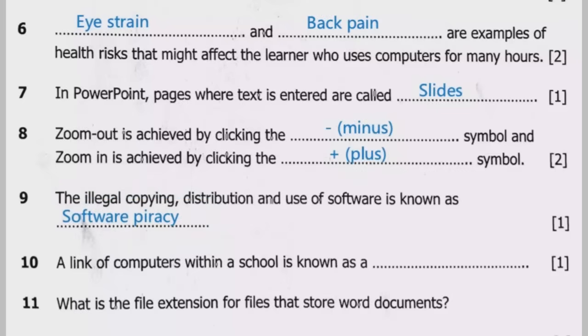So what is software piracy? Software piracy refers to unauthorized copying, sharing, installation or use of software without proper licensing or permission from the creator or company. The majority of people that own a lot of computers in the world rely on piracy.